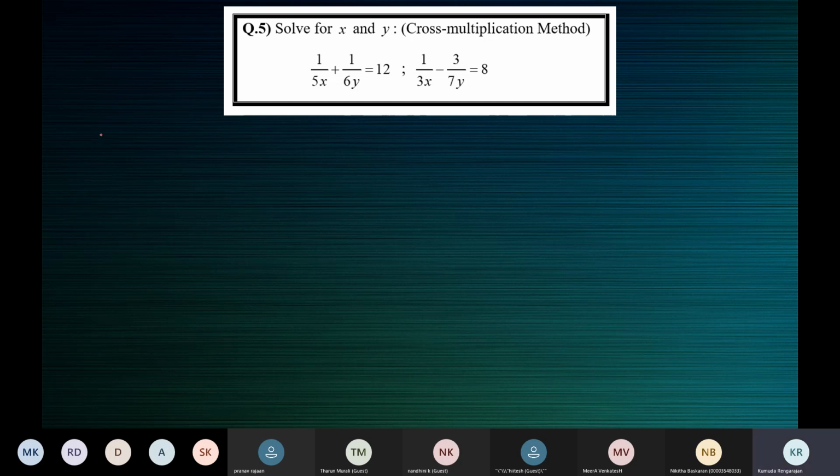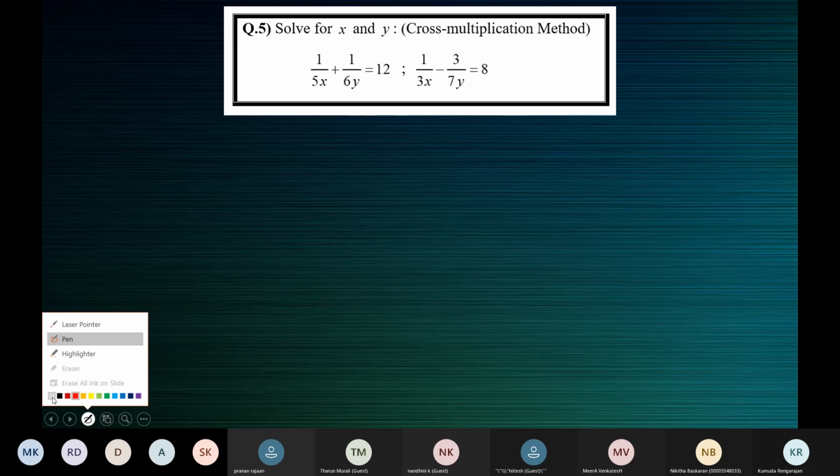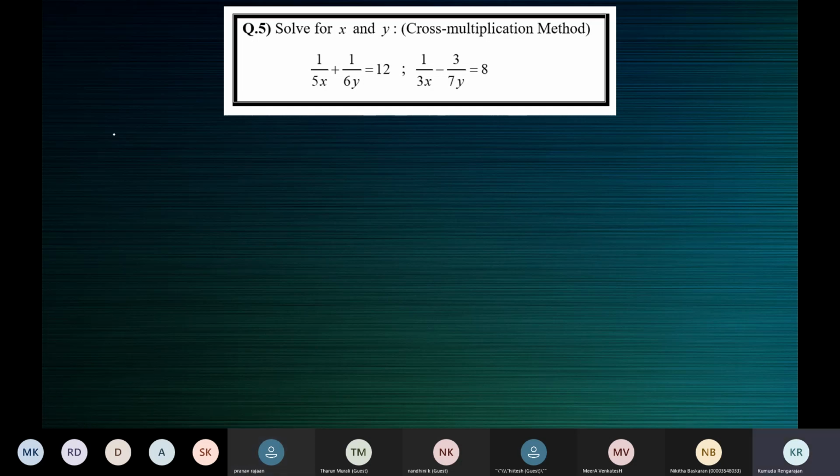Now tell me here, children. What is the first equation? Don't write anything now. 1 by 5x plus 1 by 6y is equal to 12. 1 by 5 into 1 by x.